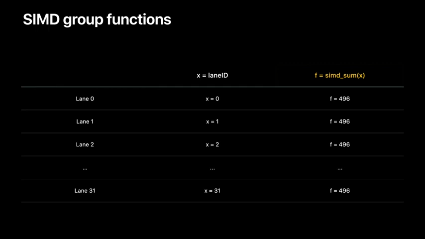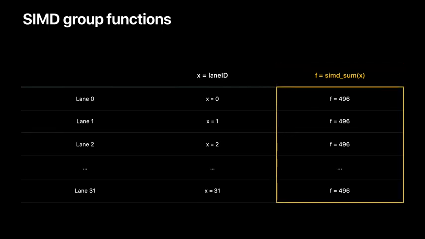Here we are adding the values of the variable x across the 32 lanes of the SIMD group. Once the instruction is executed, the resulting sum is then available in the variable f. Note that all active threads can inspect their copy of the variable f to get at the computed sum of 496. Inactive threads are skipped in the computation correctly. They do not contribute to the final sum.